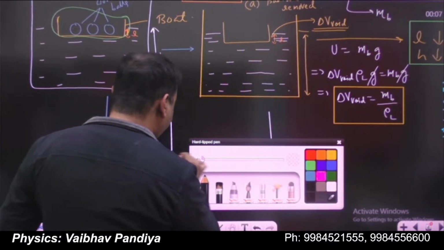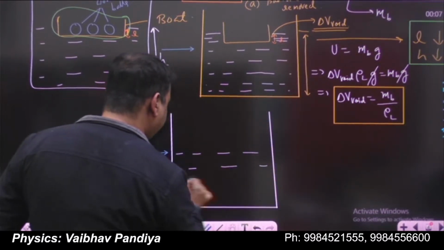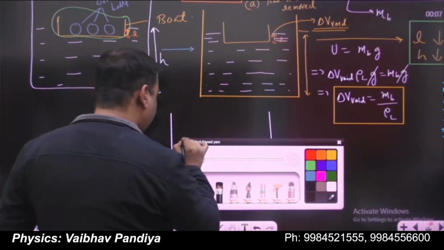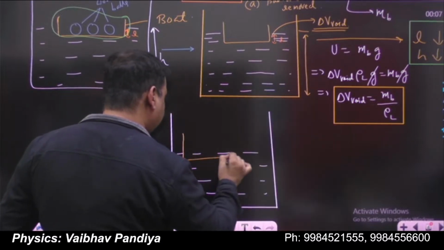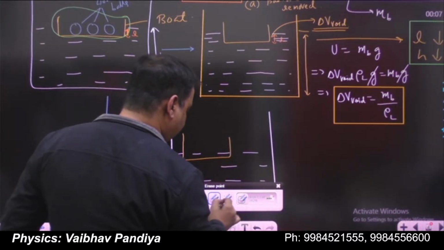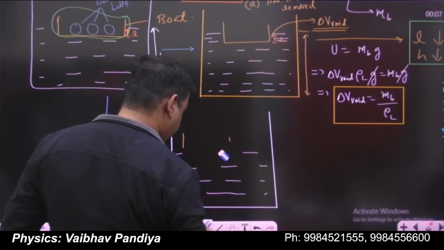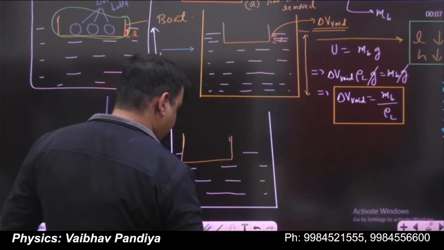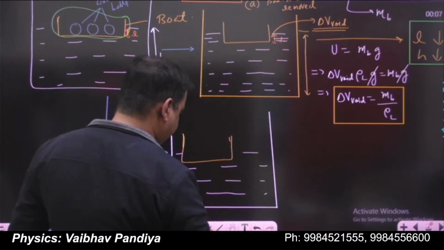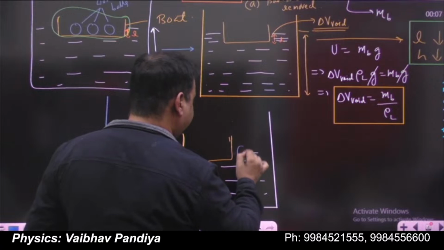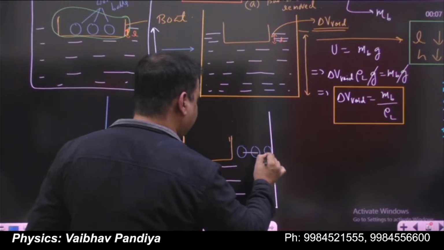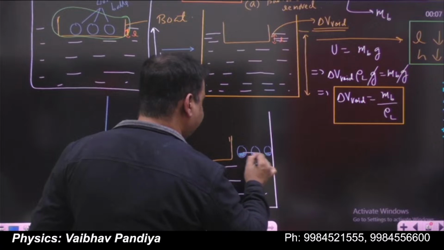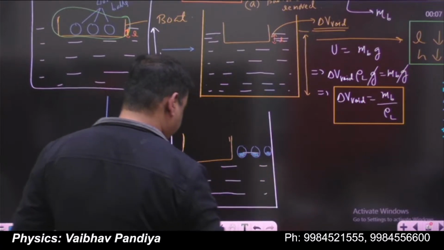Okay, when I'm removing the wooden balls from the boat, I'm throwing all the wooden balls in the same river. So let's see what will be the effect on H and L in this case. So suppose there are 3 balls and they will be floating, correct? They will float because the density of the balls is less than the density of liquid.